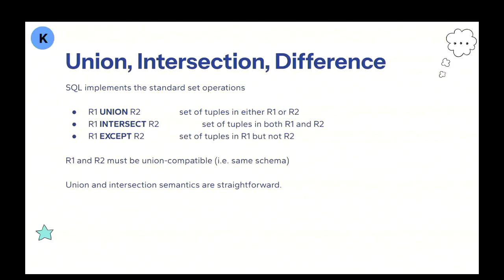And there are more operators on bags and sets. There are basically three different operators. The first one is union. So union is very straightforward. It's just combining two sets or bags.